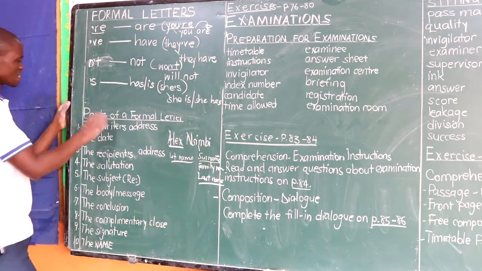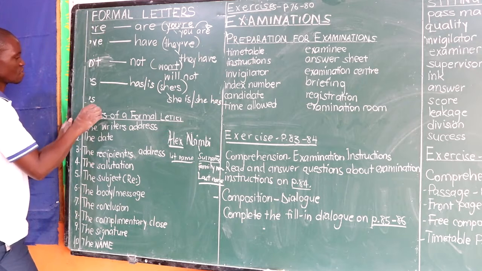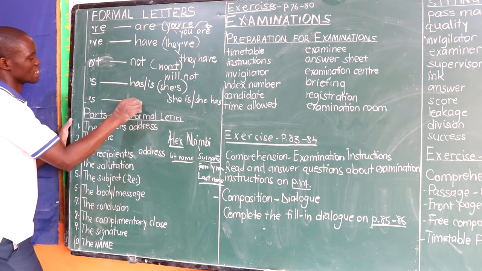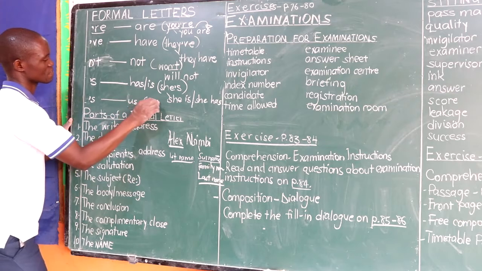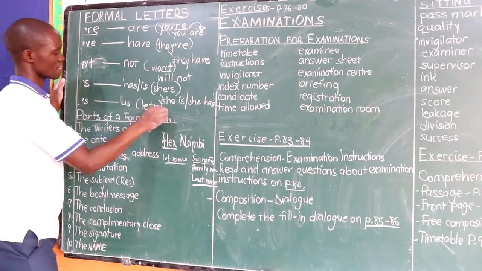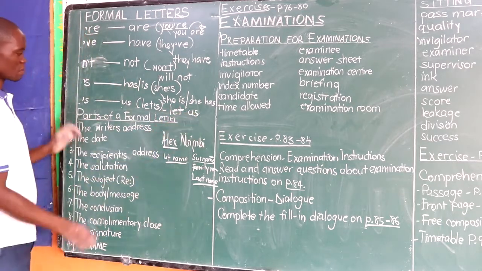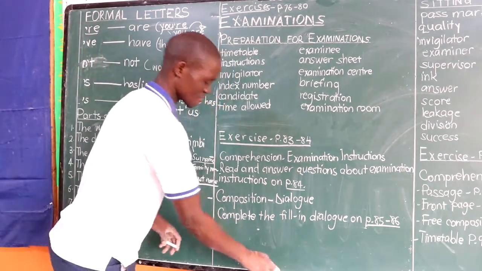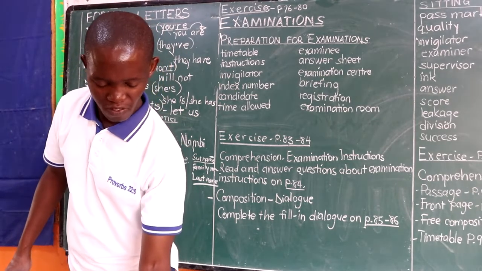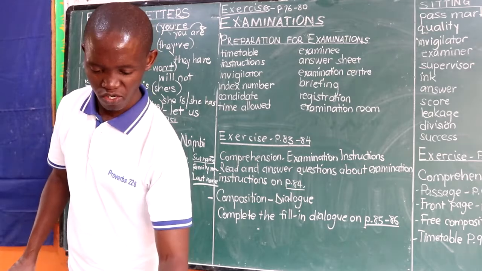But there is another apostrophe S which changes to us, as in let's. Let apostrophe S. This apostrophe S will change to us. That is let us. I believe that is enough for you to do the activity, still on page 72, and that is strictly about contractions.